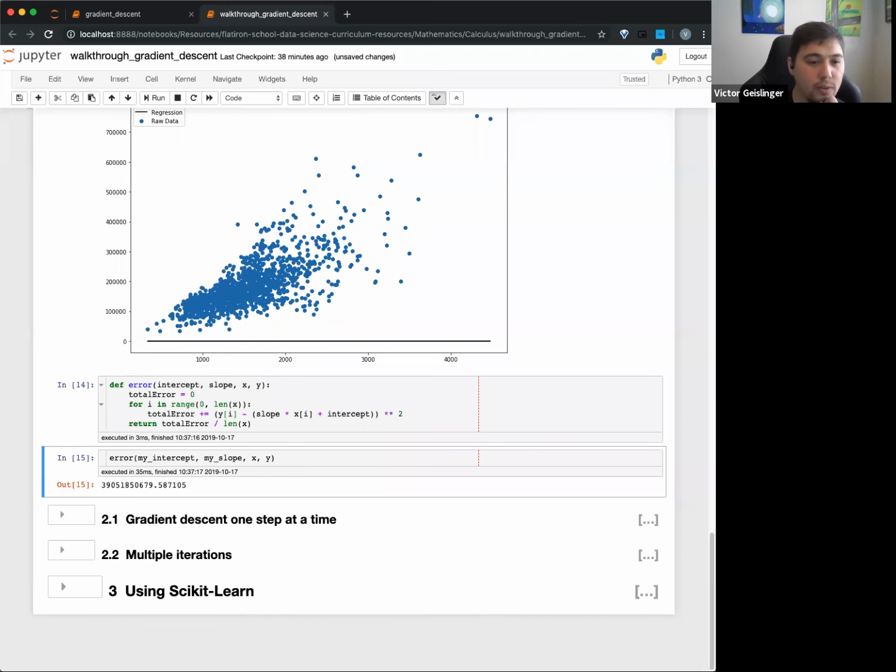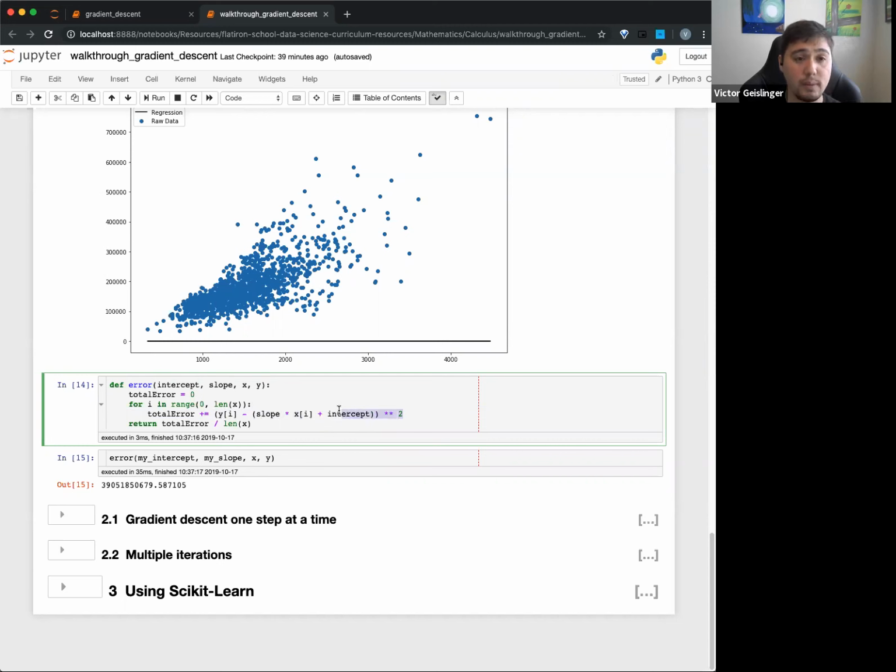Yeah. So the residual sum of squares is very close to this, right? If you look at this, essentially what we're doing is taking the difference between each one, and then we're squaring it. So we're still doing that squared part. The one part we're not doing is the square root of it.